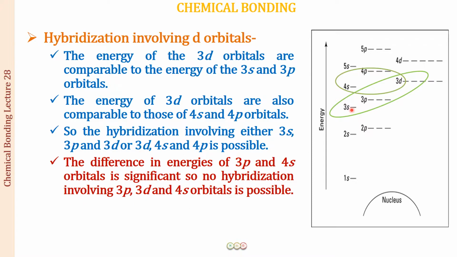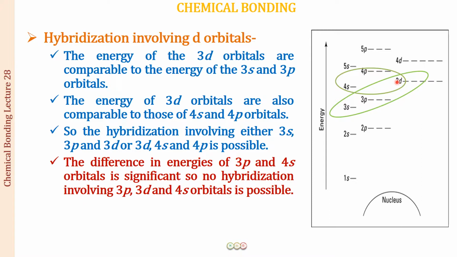So the hybridization, because this involves the mixing of the orbitals which are almost equal in energy, we can have hybridization of 3s, 3p and 3d. Also, in the process of hybridization, we can have the mixing of these three types of orbitals: the 3d, the 4s and the 4p orbitals. When it is going to be the mixing of the 3s, the 3p and the 3d orbitals, the hybridization names will be in accordance with s, p3 and d.